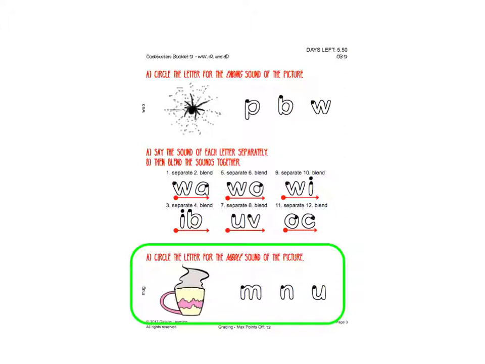So far in this series, your child has learned A, I, O, and U. So hopefully your child can identify that this medial sound is U. But if your child struggles with identifying that middle sound, then just overemphasize it and make sure they understand that the beginning sound is M and N is just in there to take up space, essentially. So just make sure you're overemphasizing that medial sound for your student.